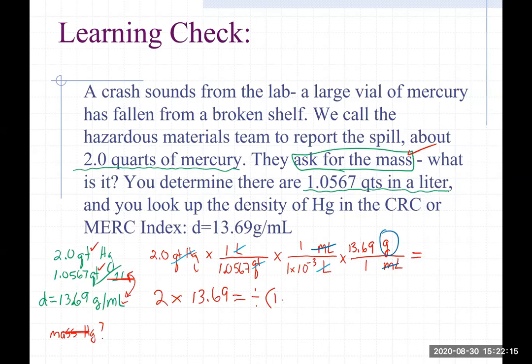So we need to open the parentheses, and then it's 1.0567 times, and we have scientific notation. So that is the coefficient is 1, EE, 3, and then hit your plus minus key so that you can get a negative on that exponent. Close your parentheses, and then equals. And when I do this math, make sure you hit your parentheses buttons on your calculator.